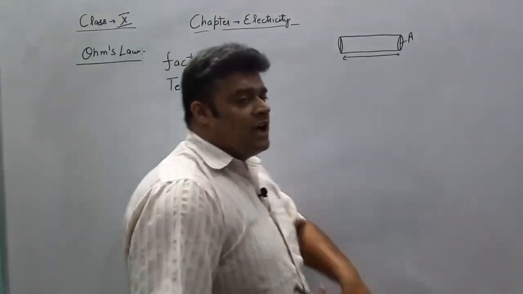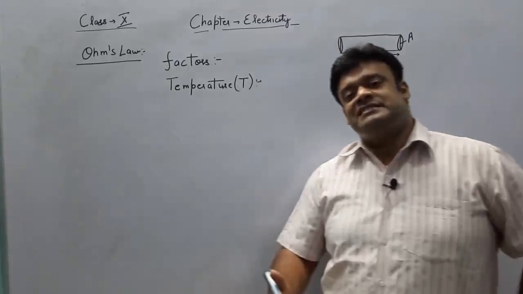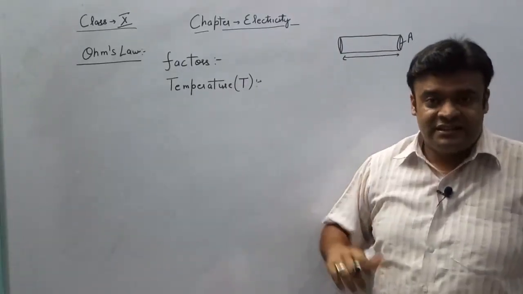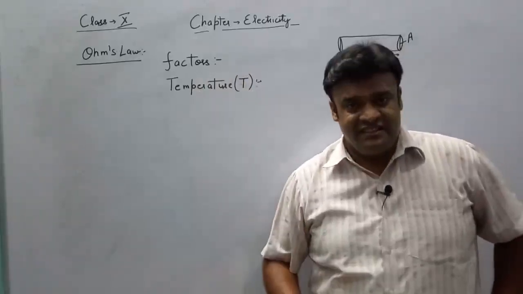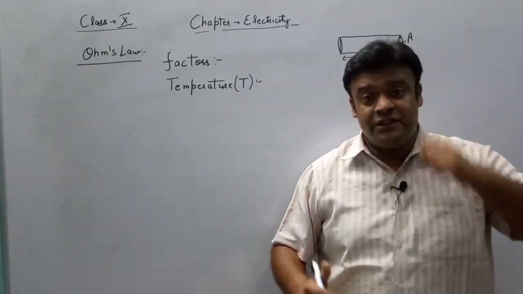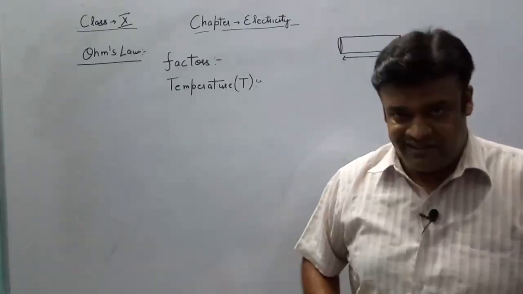Temperature. How resistance depends on temperature? Resistance is directly proportional to temperature. That is, if temperature will increase, resistance will also get increased, and if temperature will get decreased, resistance will also get decreased.